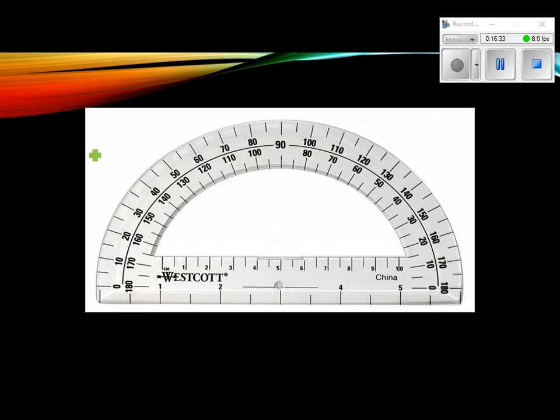On your protractor, look at it real quick. On a protractor, just to show you how to measure, very quickly if you don't know. You're measuring angles, and these are in degrees. All this is a degree.